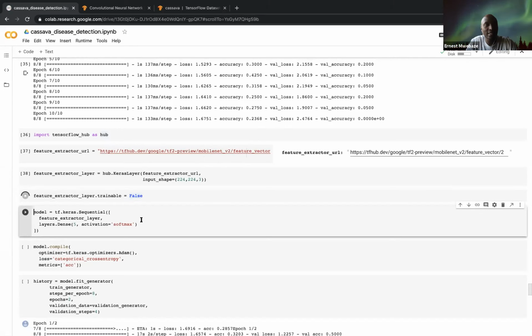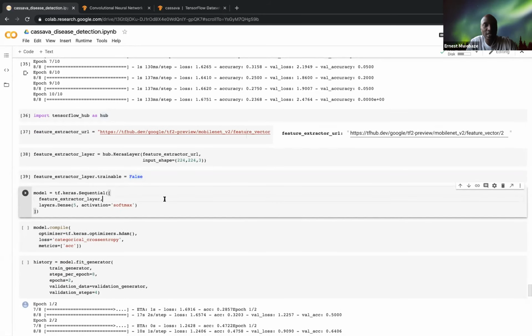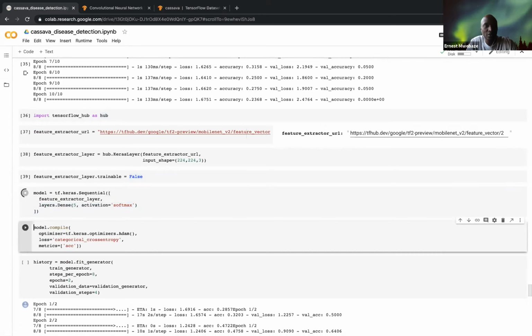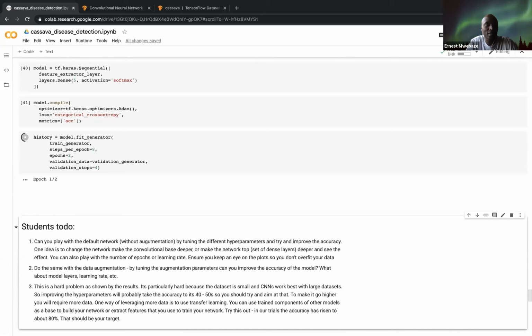Freeze the layers. And then again, we have a very basic layer, just a dense layer with 5, representing our 5-class problem. We've switched the optimizer here a bit. And we can train it on our data.